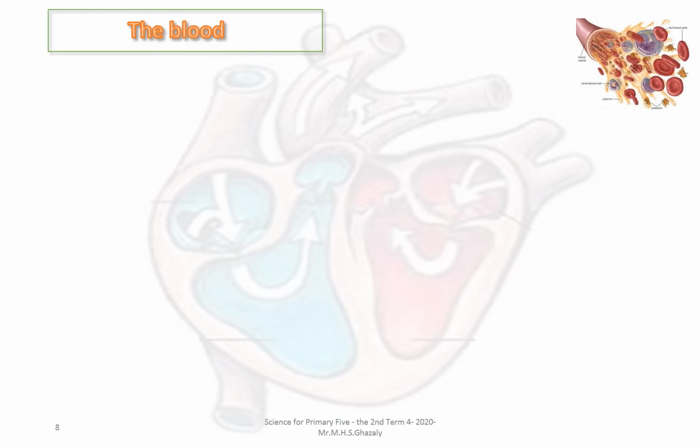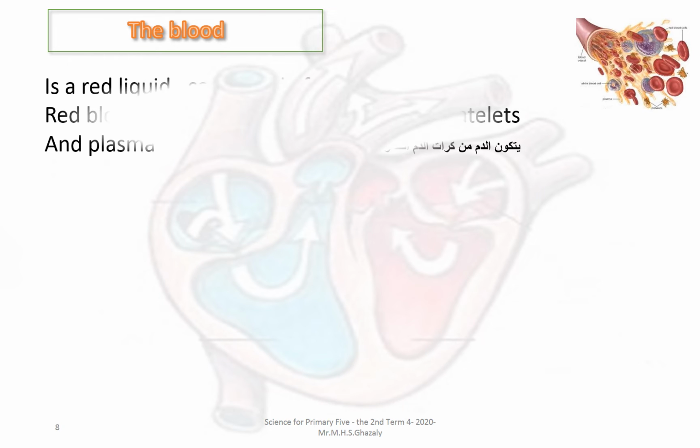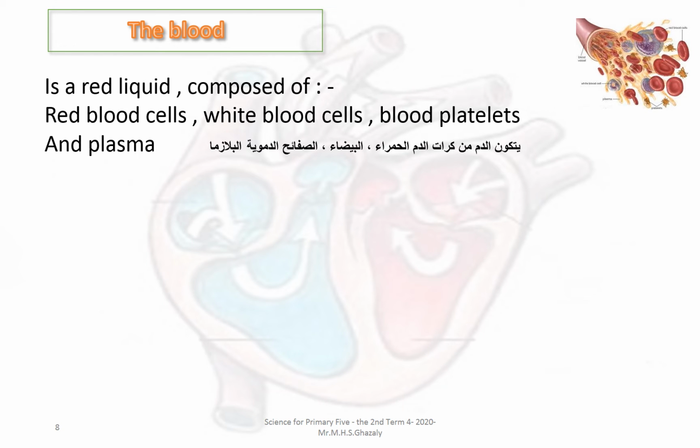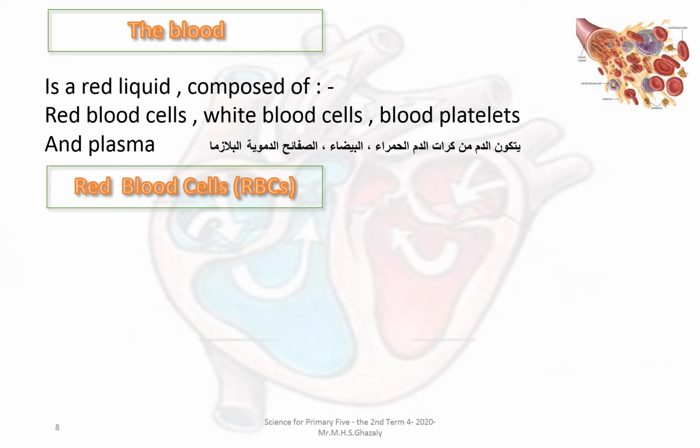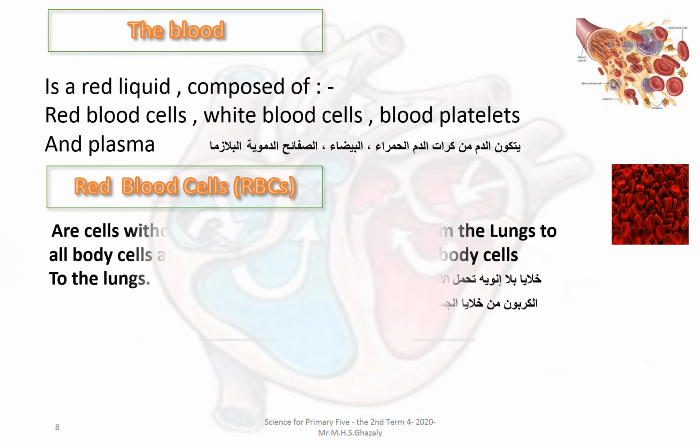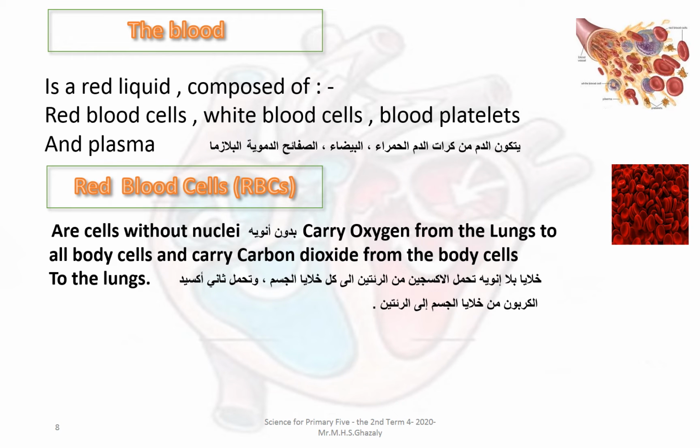The blood is a red liquid composed of red blood cells, white blood cells, blood platelets and plasma. Red blood cells, RBCs, are cells without nuclei. They carry oxygen from the lungs to all body cells and carry carbon dioxide from the body cells to the lungs.